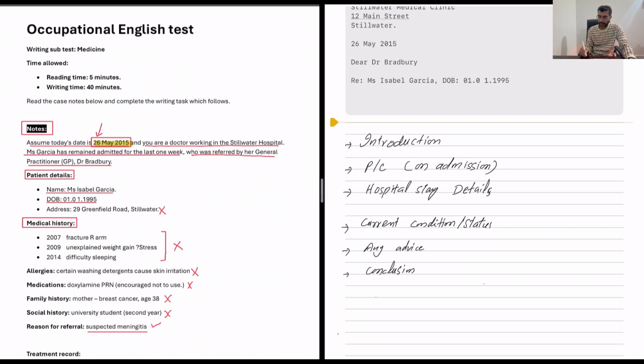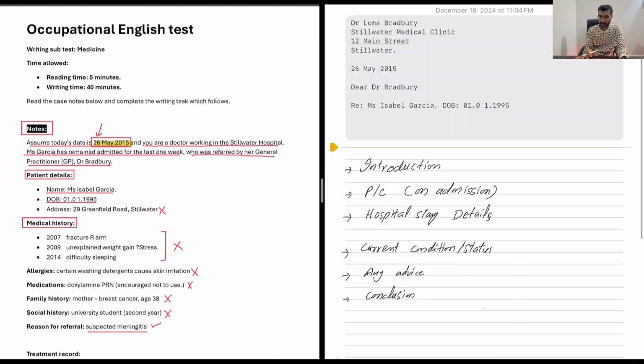So this is the order. Introduction, then present the complaint with which the patient was admitted. Then once we admitted the patient, what happened during the hospital stay: examination, investigation, then diagnosis, then treatment. In the meantime, we also provided the patient with nursing management, so we'll also mention nursing management. After that, the current status of the patient. Then if we have any advice or recommendation, we will write that. Then in the end, conclude.